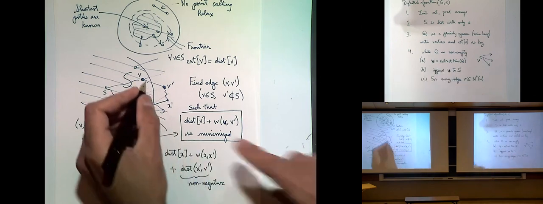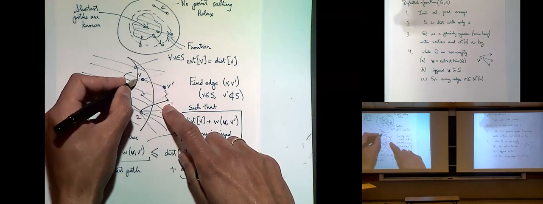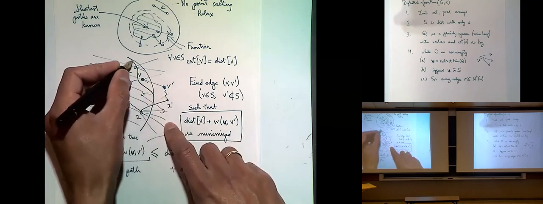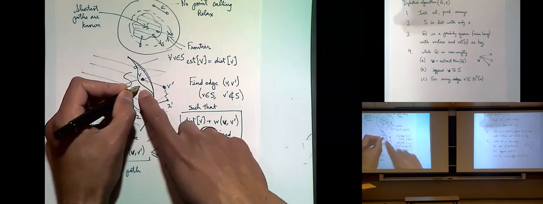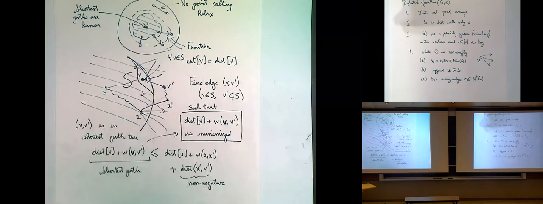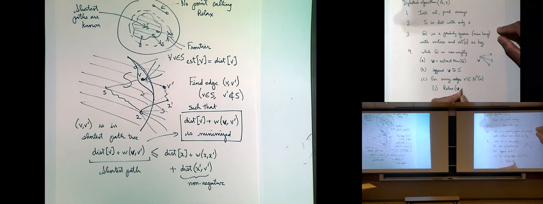So think of, at some point, you haven't discovered V. You're going to discover V. So V is now in your set. And then for all of these edges, you're going to call relax on all of these edges. We're going to do relax of V prime.